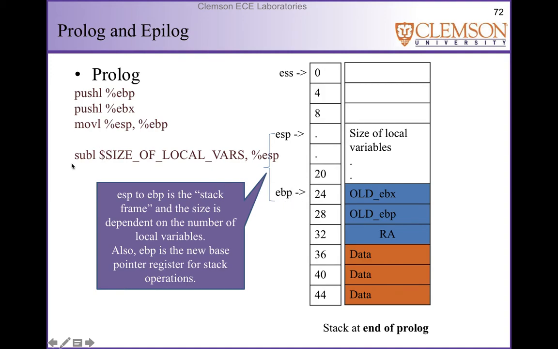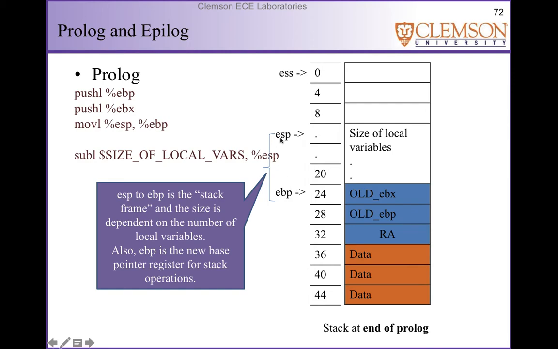Now, the next line, sub L $, and this will be a number, the size of local variables, from ESP. What you're doing is allocating a specific number of spaces for your local variables. So if you are inside your function, and you need more variables than the registers A through D and all those indexing registers, then you set up the size of the local variables so that you can store and use stuff from the local variables right here.